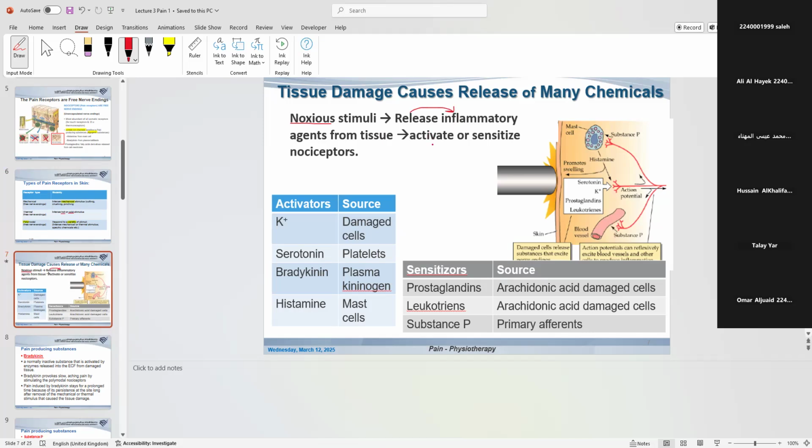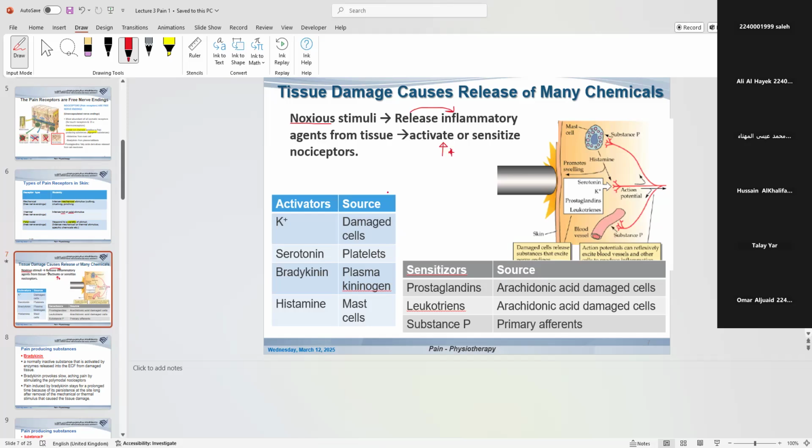Now, the other group is called sensitizers, meaning they sensitize the receptors to activators, making them more sensitive. So even a smaller amount of activator will produce more response. To give you an example, prostaglandins are the very important ones in the group of sensitizers. If prostaglandin is present, maybe two potassium ions can produce a signal in a nociceptor.